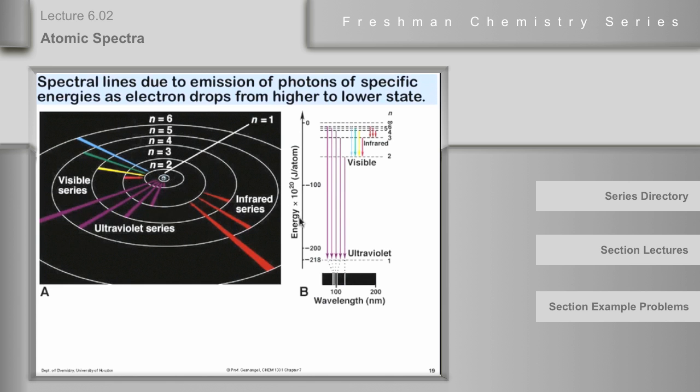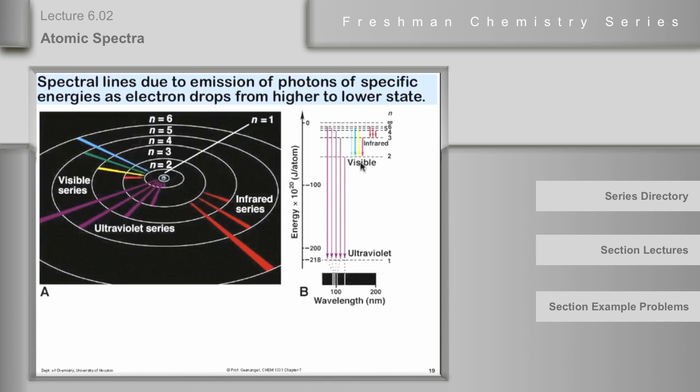Now this is shown on an energy level diagram over here. This is energy in joules per atom plotted upwards. And the visible part of the spectrum is over here, and you see it's made up of transitions from higher levels, 3, 4, 5, 6, to 2.